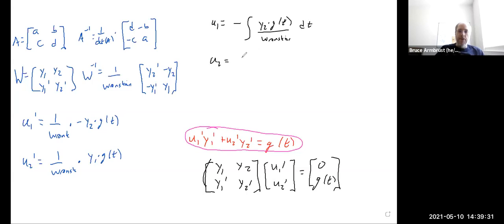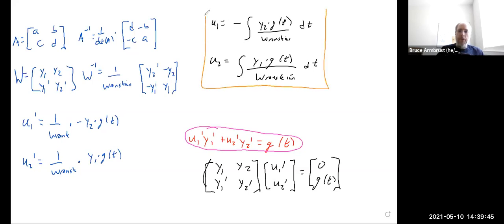And then u2 is going to be the positive integral of y1 times g of t over the Wronskian. And that's what we should put the box around, because there's your generic variation of parameters.